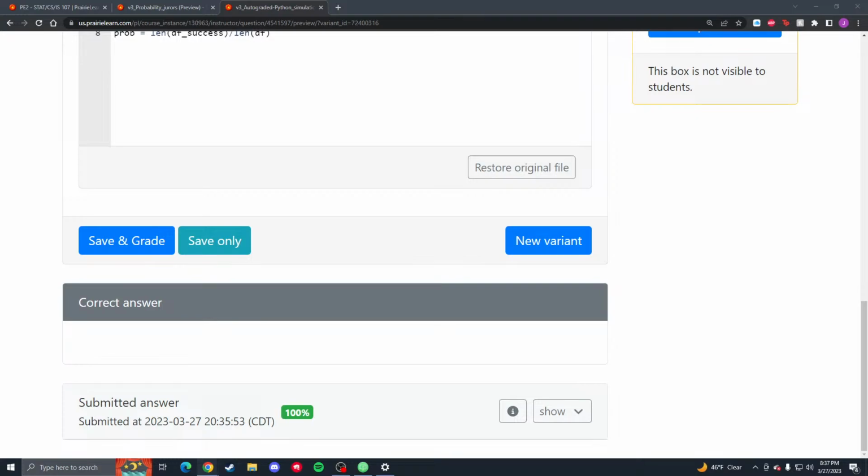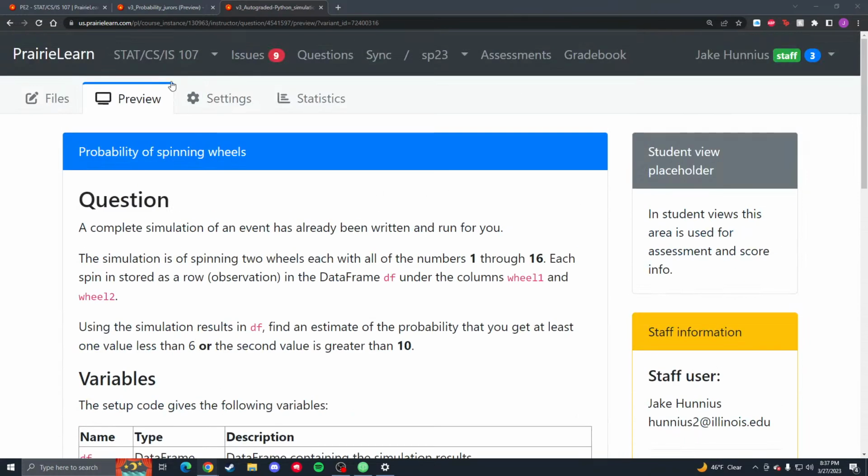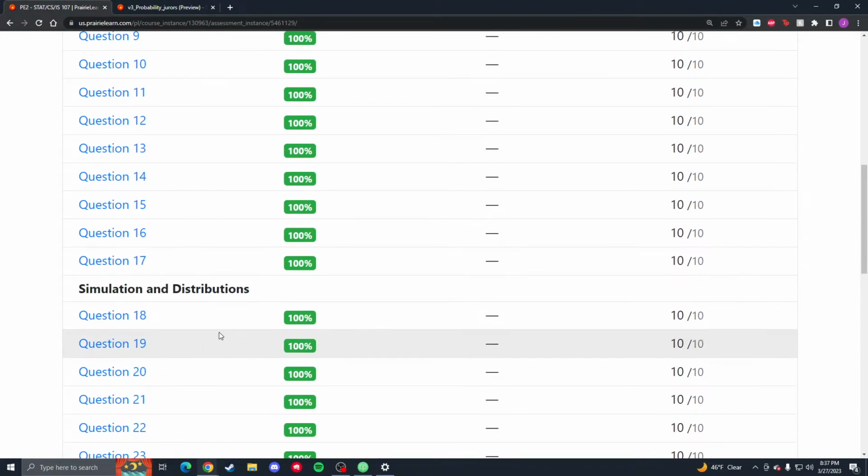I already did the Illini t-shirt question. I can go over my code again if that works for you. If not, I can do it from scratch.